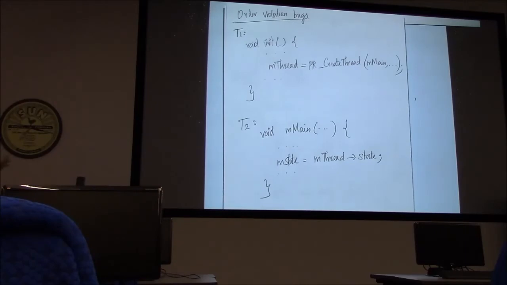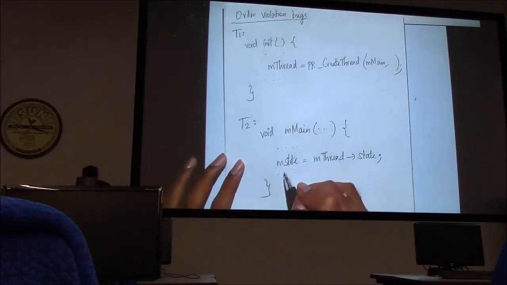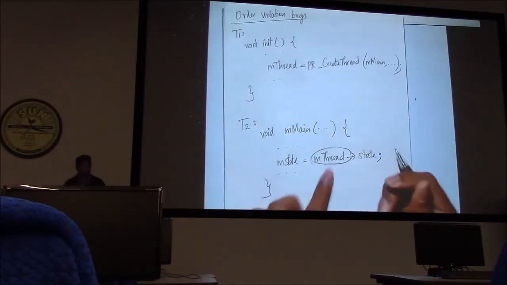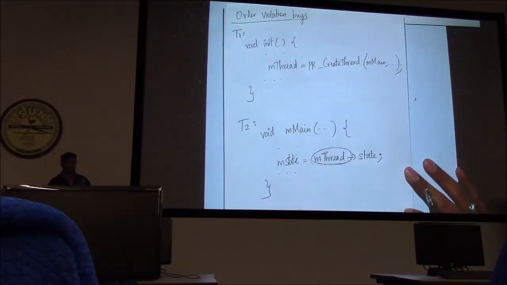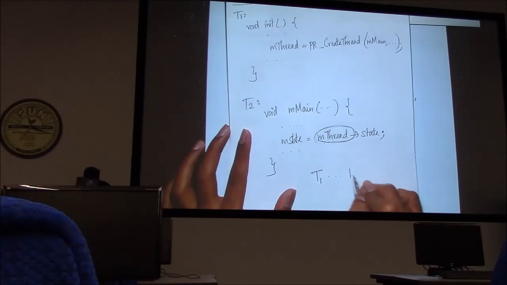So the problem here is that this method main just assumes that this thread has already been initialized. But there is a possibility that T1 can run first, or T2 can run first and then T1.